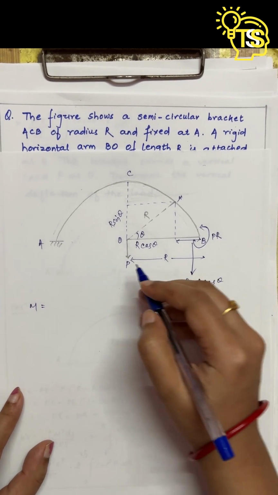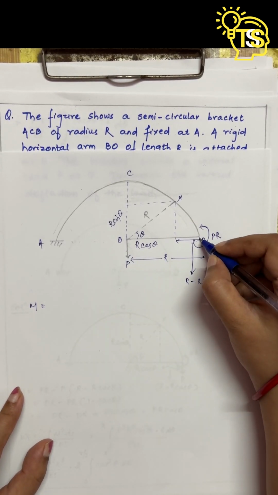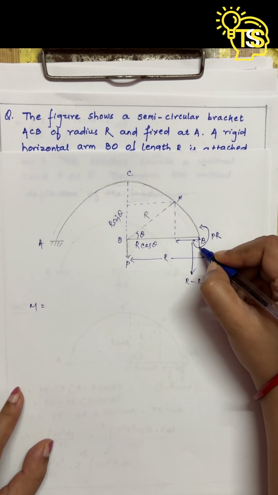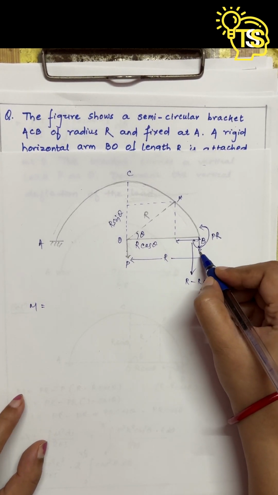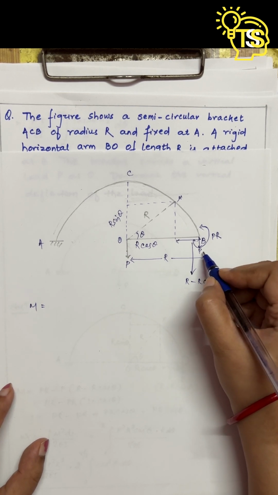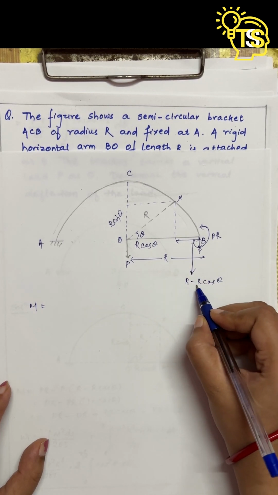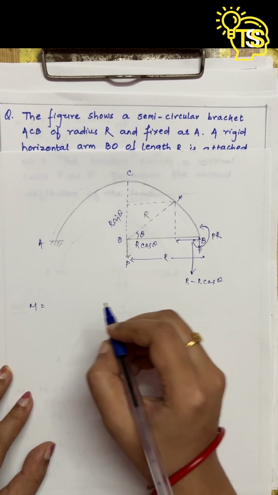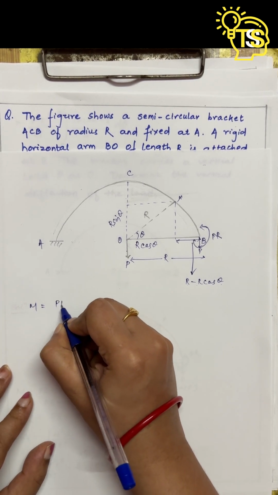Now this load at O will shift to point B here. Now the moment at point B we will get is P into this effective length, that is r minus r cos theta. So let's take the anti-clockwise moment as positive. So here we got Pr.